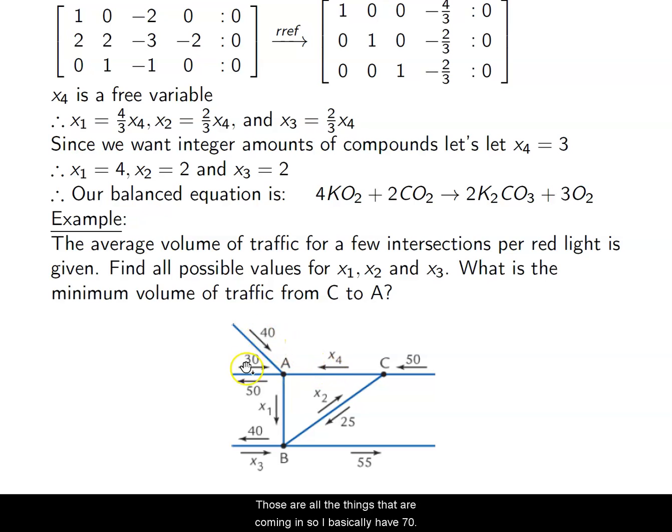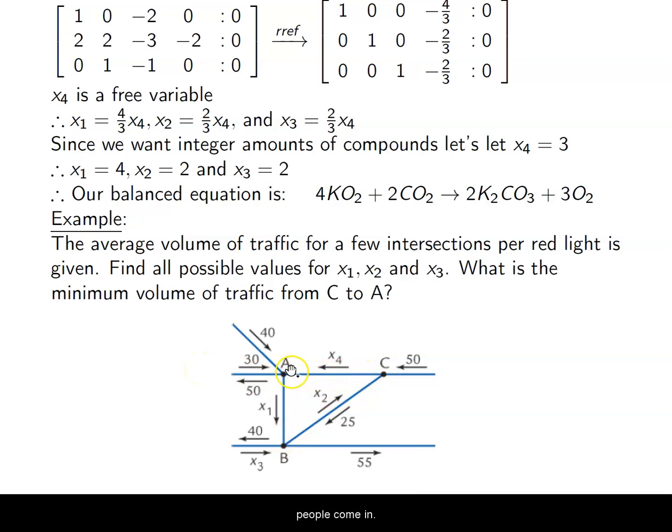So I basically have 70 plus x4, and going out, I have 50 plus x1. And those two things have to be equal. Everything that's coming into A has to be the same as what's going out of A, right? If these people are going through the stoplight, they're either going to go this way or that way.